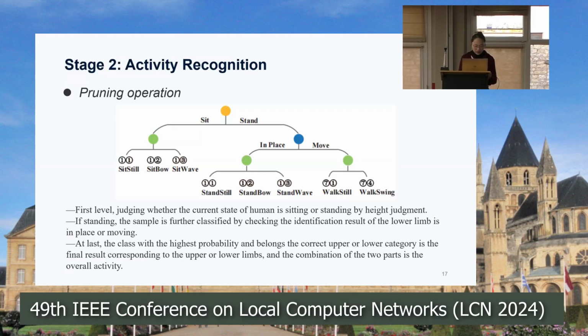If standing, the sample is further classified by checking whether the identification result of the lower limb is in place or moving. At last, the class with the highest probability that belongs to the correct upper or lower category is the final result. And the combination of the two parts is the overall activity.